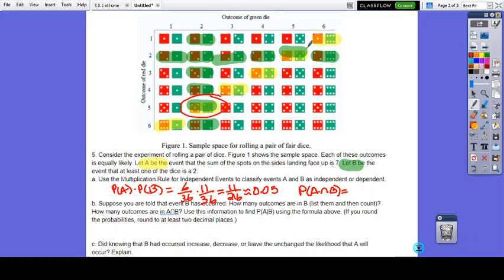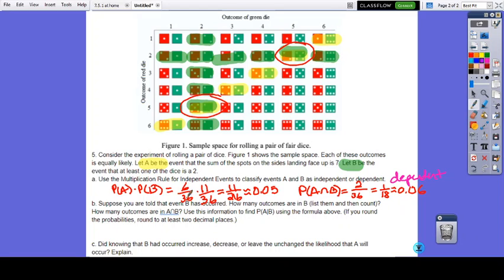You've got here and here that I highlighted both of them. So there are 2 of them out of the total of 36, which comes out to 1/18th, or approximately 0.06. Now they're close, but they are not the same. So therefore, these are dependent as well. Knowing one is going to affect the probability of the other.